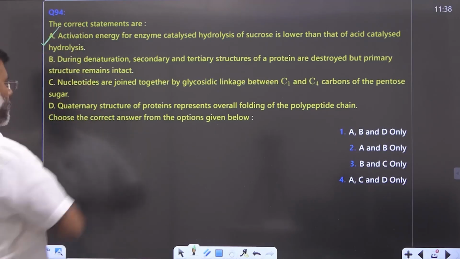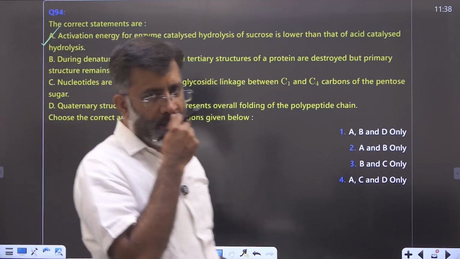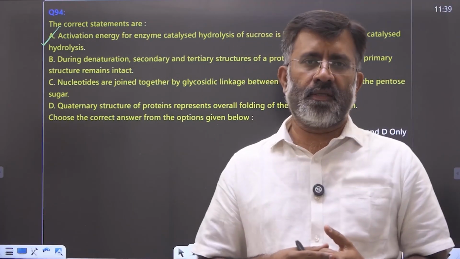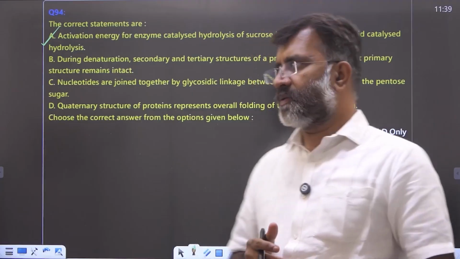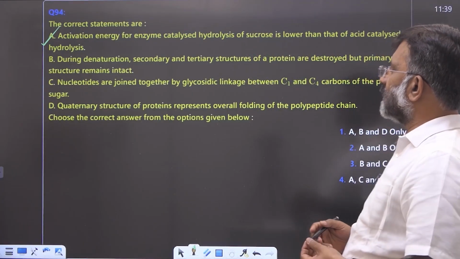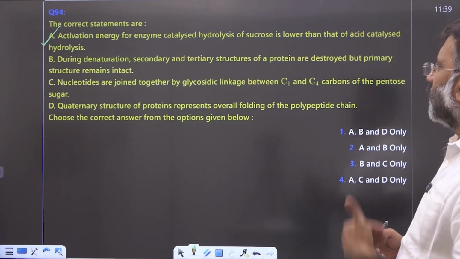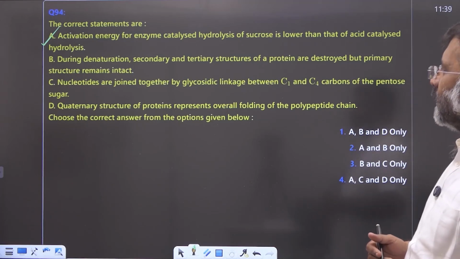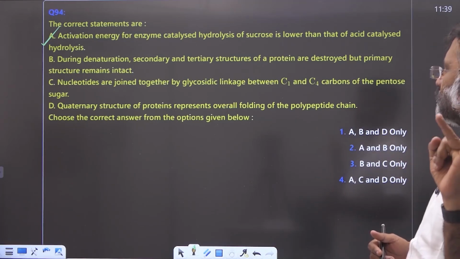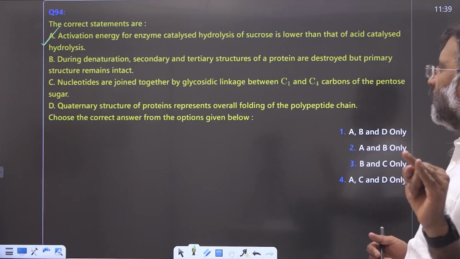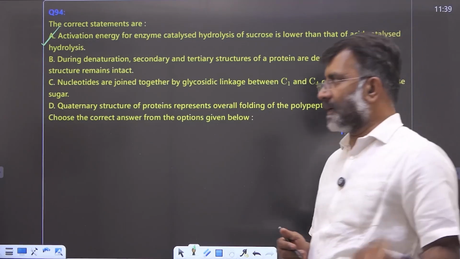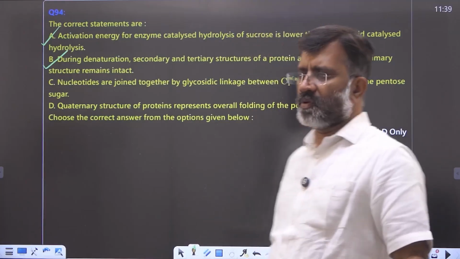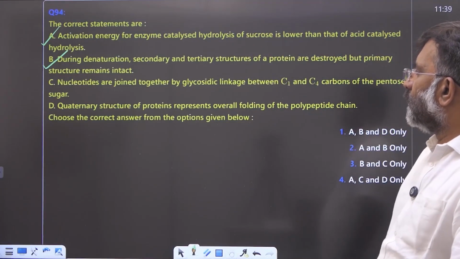Correct. Enzyme catalyzed hydrolysis happens much faster than acid catalyzed hydrolysis, so activation energy is lower for enzyme catalyzed. Option B: during denaturation, secondary and tertiary structures of proteins are destroyed, but primary structure remains intact. True statement. It is there in the textbook.